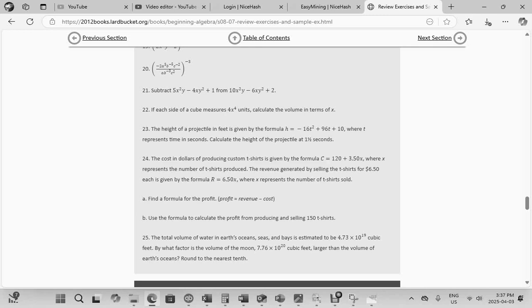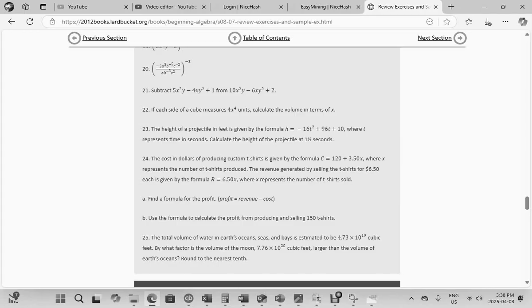So this is the formula for your cost price. If you want to figure out cost of goods sold for your gross profit, this is the formula. And this is your revenue in terms of sales. So revenue equals 6.50x.